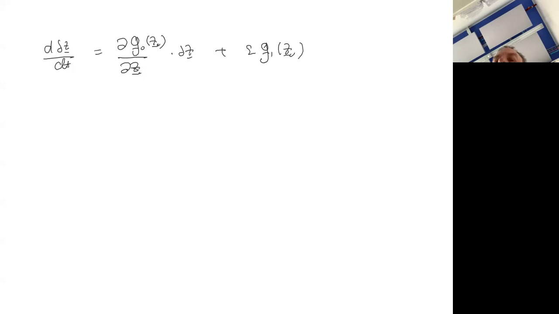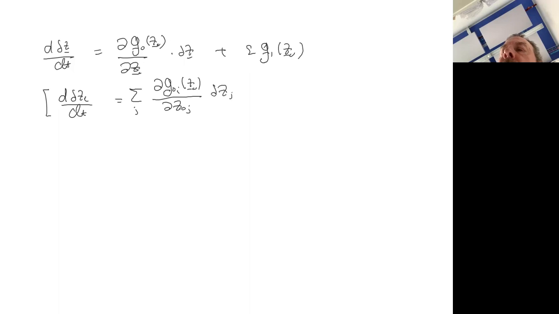In terms of indices, we can think of this as d delta Zi dt equals a sum on j of the partial of G naught i of Z naught with respect to Z naught j, delta Zj, plus epsilon G1 i of Z naught.